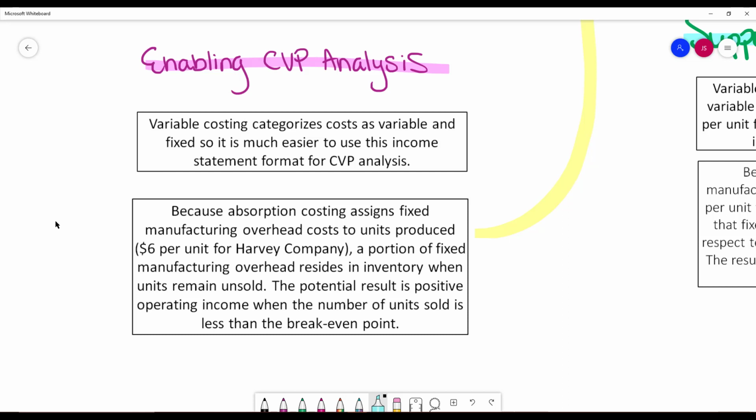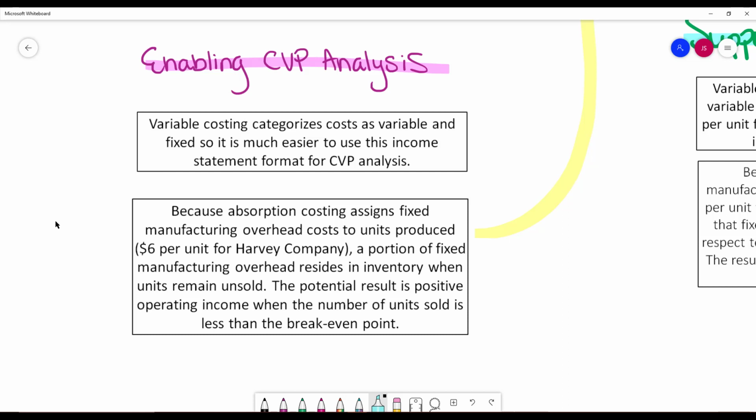Even when you're below the break-even point, under absorption costing it's possible, depending on the situation, to show a net operating income, whereas if you calculated those same numbers using variable costing, we know that below the break-even point you're operating at a net loss.